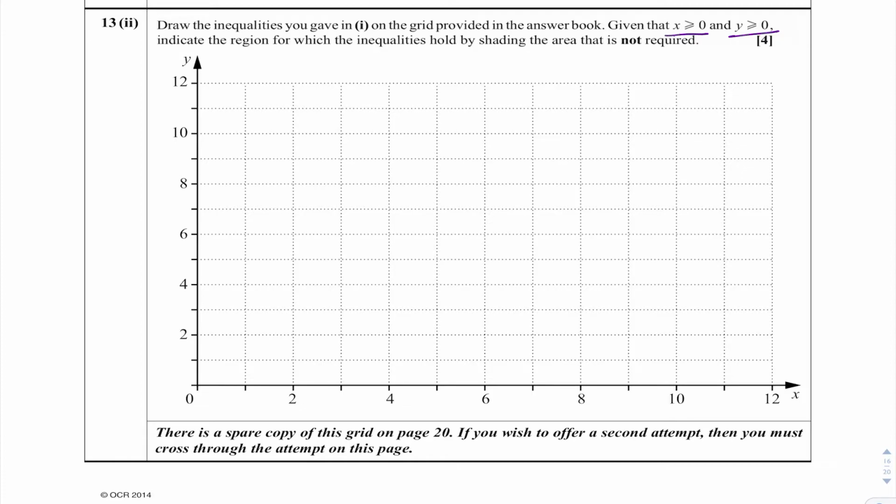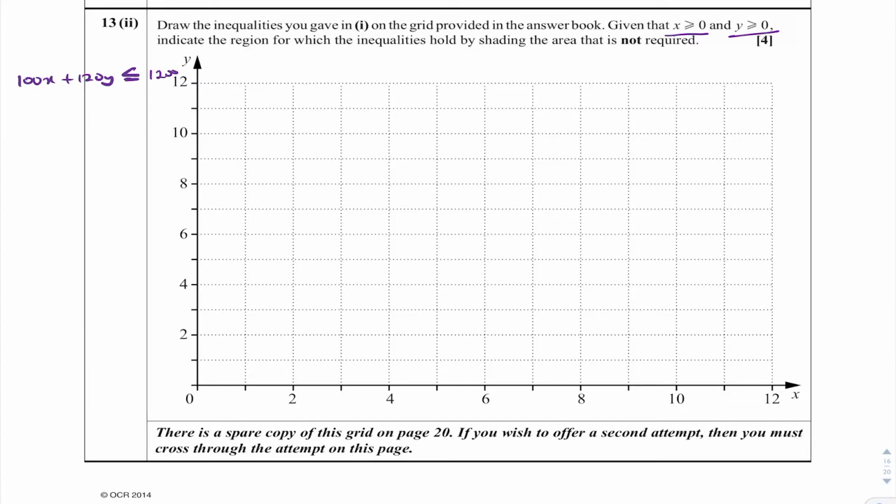So the equations we're plotting are, first of all, I'll just write it on the left hand side here. We've got 100x plus 120y less than or equal to 1,200.